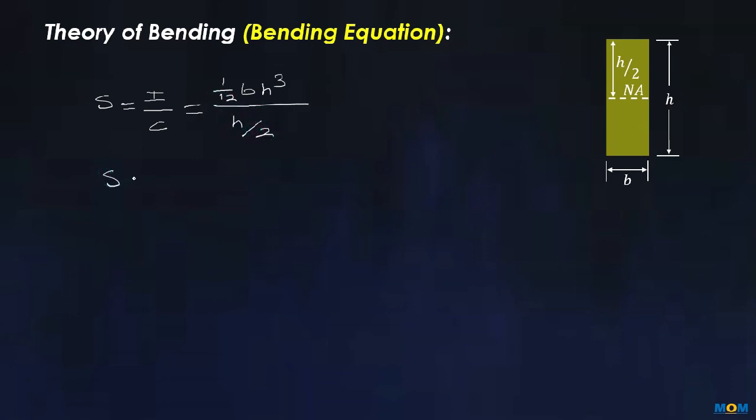So S is equal to 1 upon 6 BH square, or even we can write this section modulus as 1 upon 6 AH. So with this we end our discussion here.